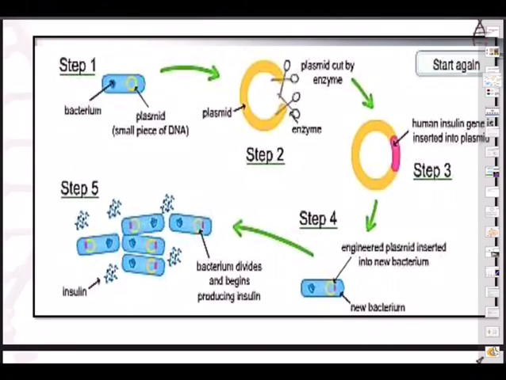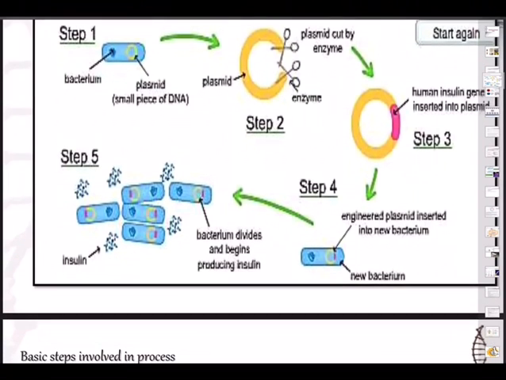So again, to have a memory recollection, step 1, we have got a bacterium and then plasmid, a small piece of DNA you can see, and then we are extracting out that plasmid, and the plasmid is cut by an enzyme. We said molecular scissors, restriction endonucleases. With the help of restriction endonucleases, we can cut the desirable place in the plasmid, and then a desirable gene is inserted into the plasmid, like a human insulin gene, to cure the diabetic patient without any tablet.